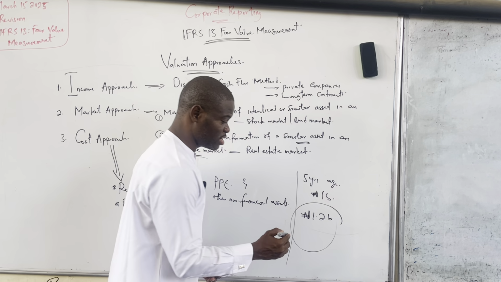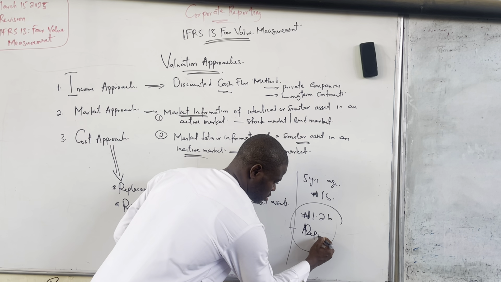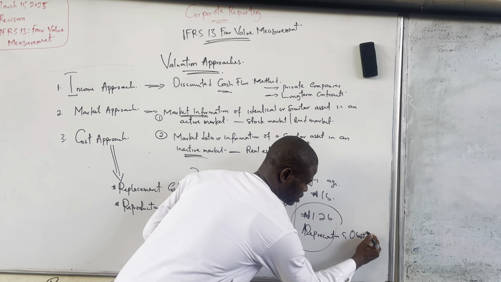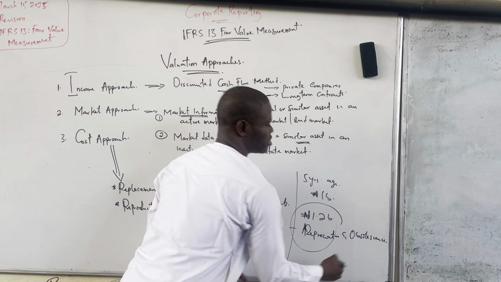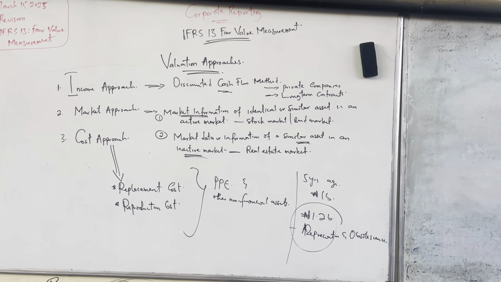No. The reason is that you need to consider depreciation and obsolescence, because a replacement that you are looking at that they are pricing for 1.2 billion might not be as old as the one you have that you bought 5 years ago for 1 billion.